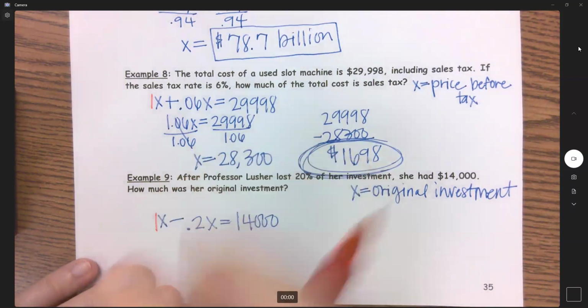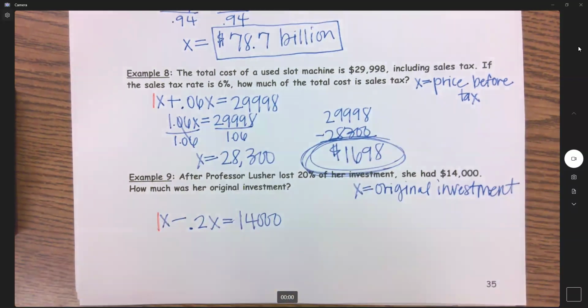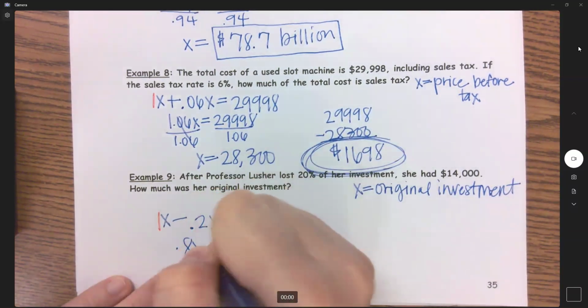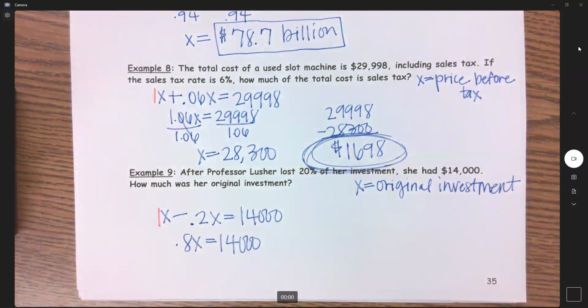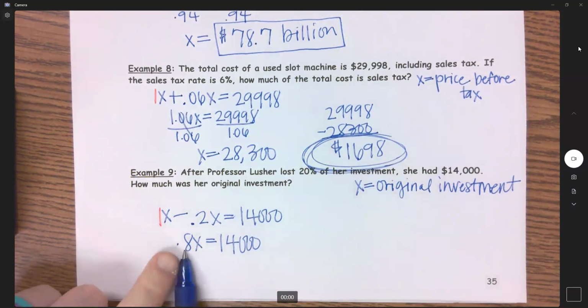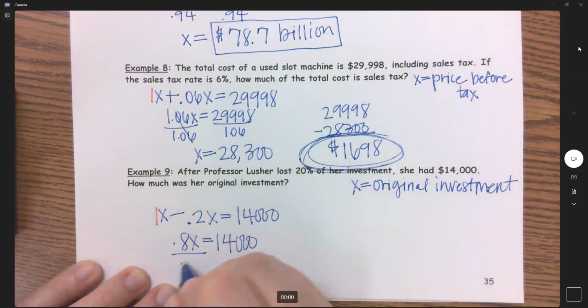So again, combine. If this is 1x, 1 minus 0.2 is going to give me 0.8x. Which should make sense. If I'm losing it, now I have 80% of whatever I invested. Divide by 0.8.